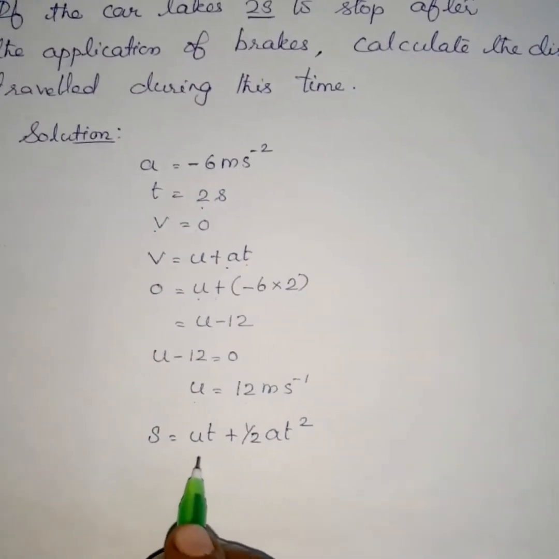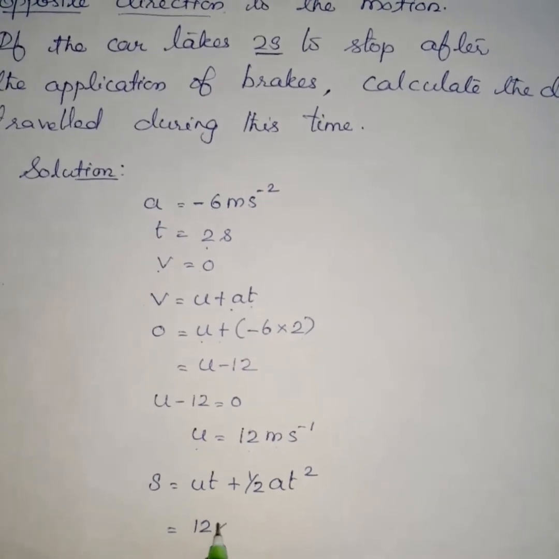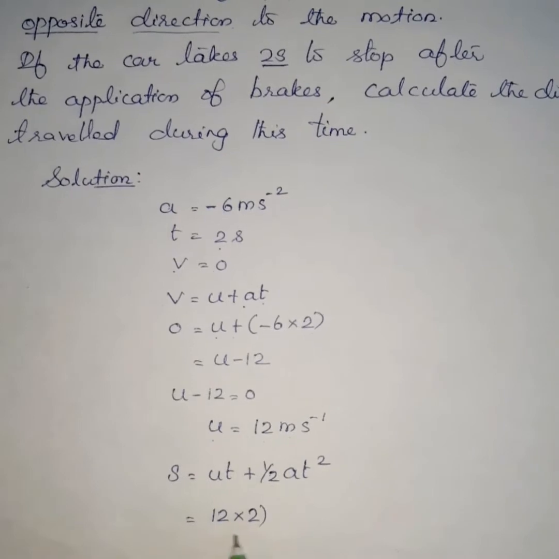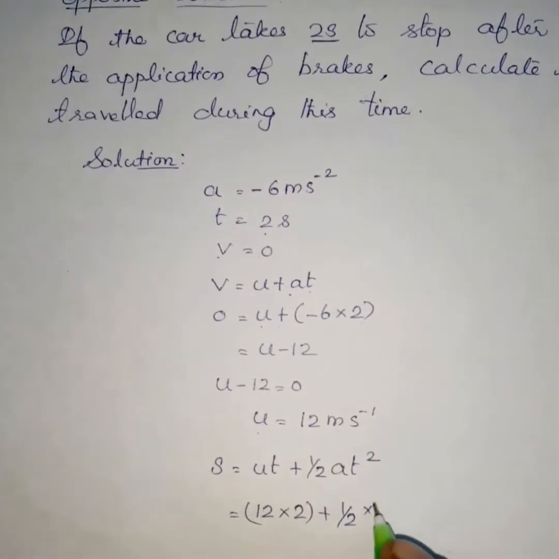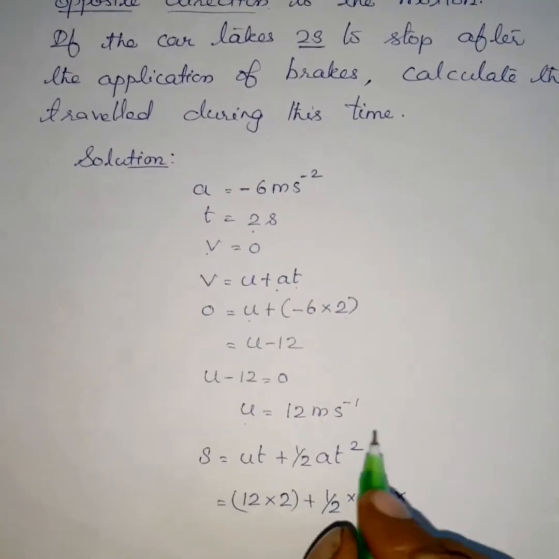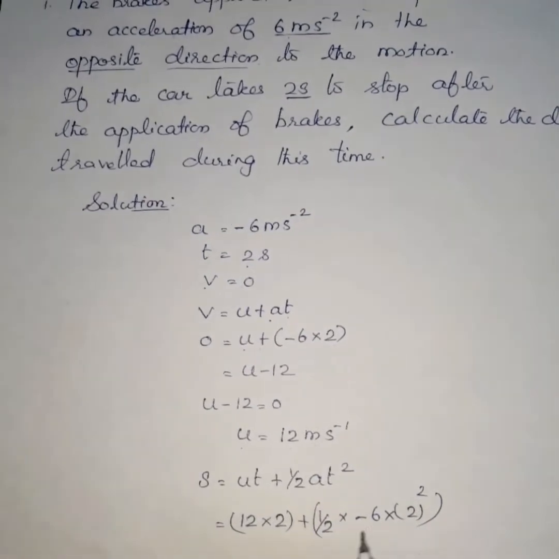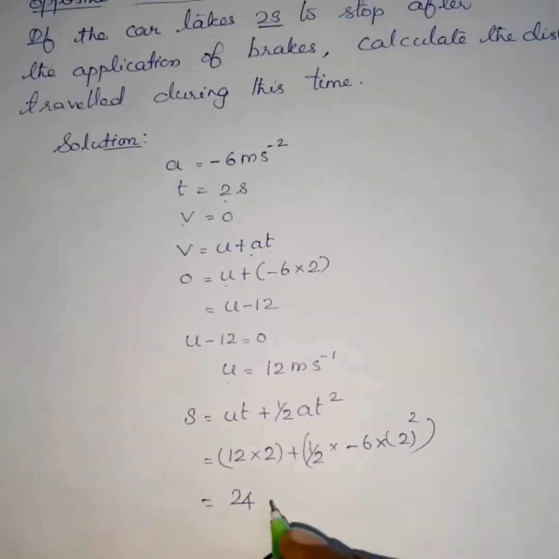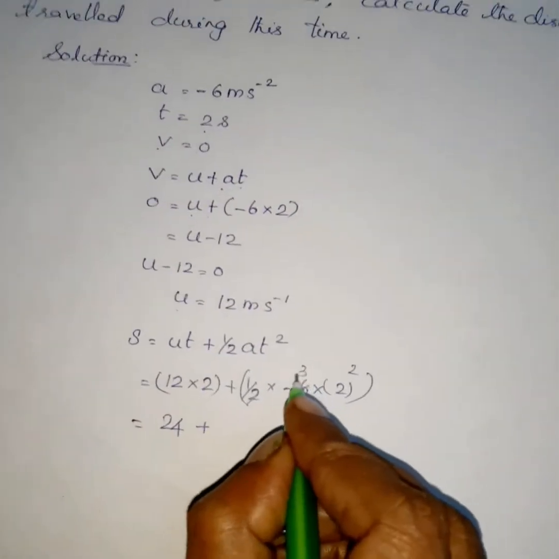Okay, so s is equal to ut plus half a t square. The u value is 12 into time, which is 2 seconds, plus half into acceleration minus 6 into the t value 2, so 2 square. 12 into 2 is equal to 24 plus, cancel 3.